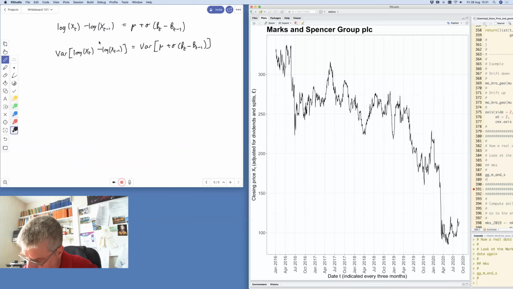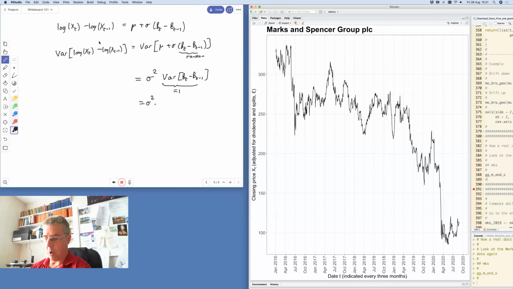And the only thing that is random is this quantity. So by the properties of the variance, we don't worry about a constant. The constant added on doesn't change how the random variable is spread out. The sigma is pulled out and squared. So we get sigma squared times the variance of (bt minus bt minus 1). We've already stated that this is 1. So the variance of that quantity is sigma squared.